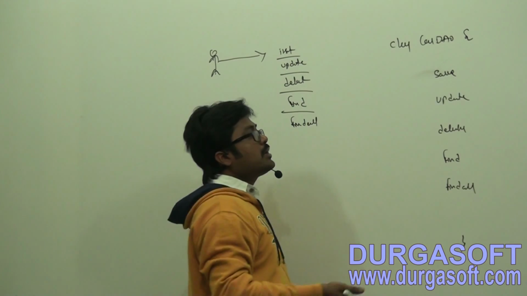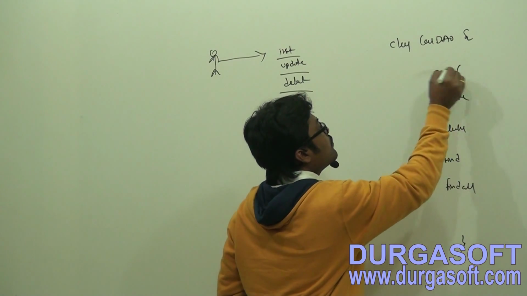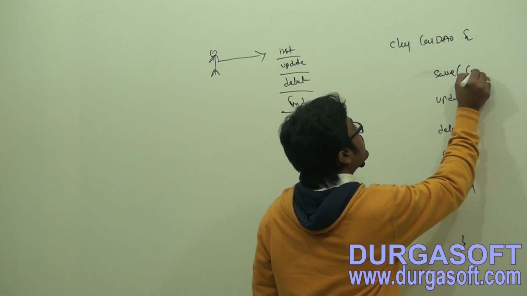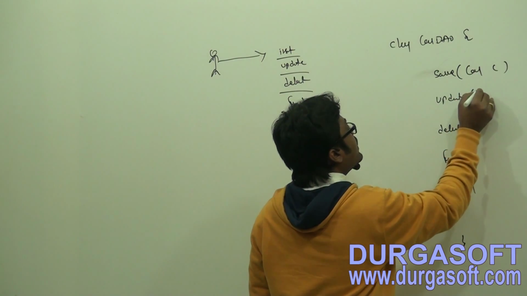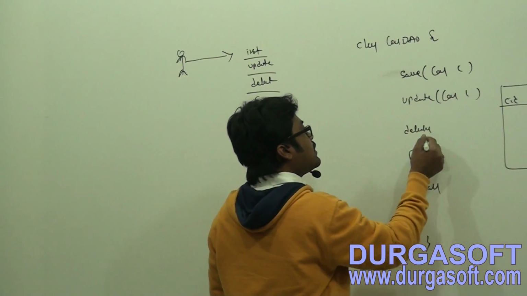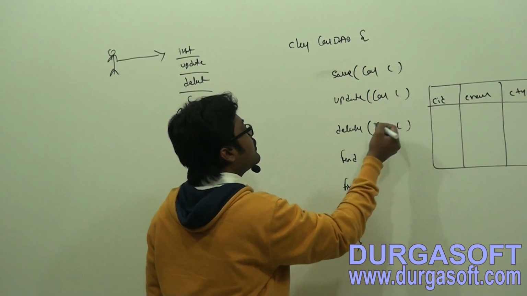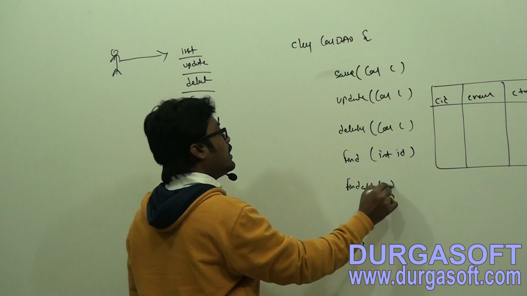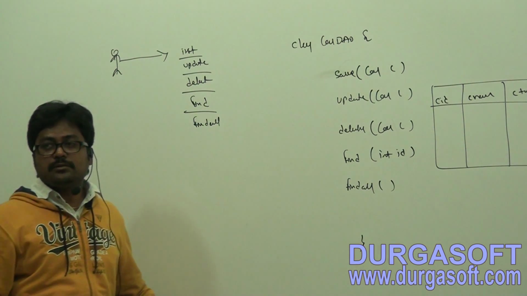And the required inputs: to do a save operation in case of ORM, we require an object, a car object. For updating, the same car object. For deleting, an object. For finding, an ID. To find all, nothing is required.